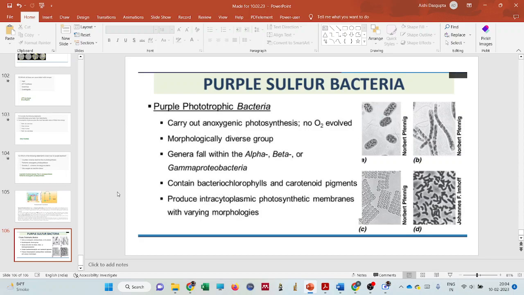Some of these questions are factual, and factual questions are not that interesting to me, at least, but some questions are really conceptual, like gram staining, which requires you to understand why the different types of bacteria take different stains, why the stain gets washed out of one bacterium on adding alcohol, and why it doesn't happen in the other case, because of the difference in the composition of the cell membrane. So these things are quite fascinating, but there are also very factual questions, like in the case of Thioploca, Thiomargarita. All of these are very factual. For that you have to go through the lecture slide videos also.